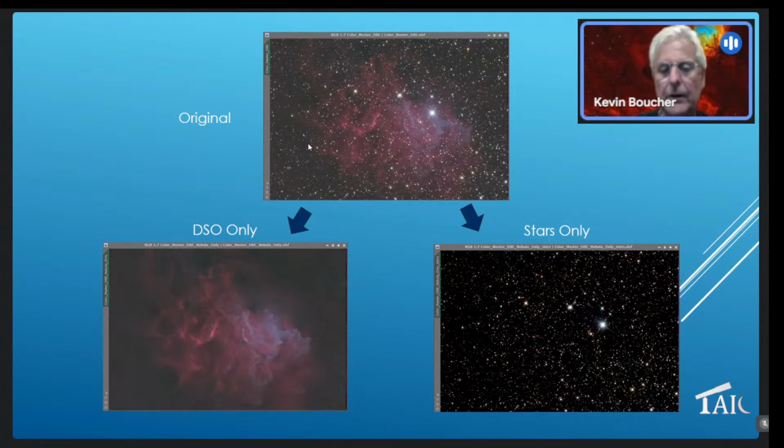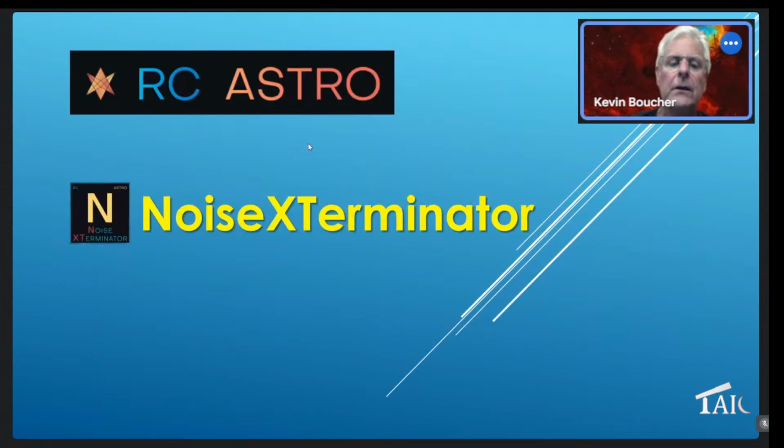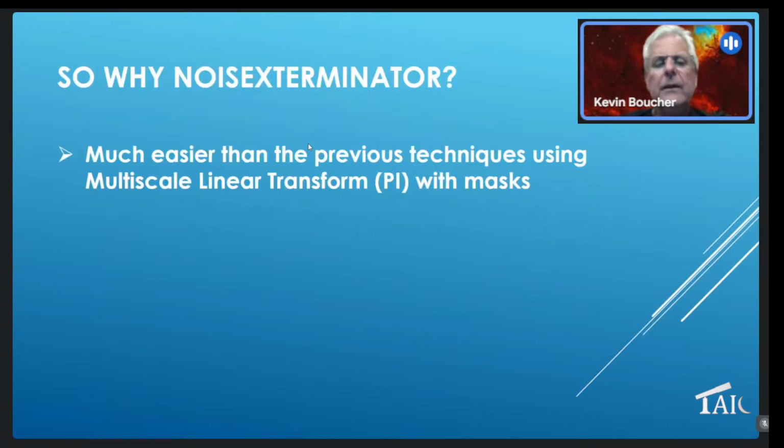Okay, so in terms of Noise Exterminator, I found it much easier than the previous techniques I used to use, primarily using multi-scale linear transformation in PixInsight, combined with some masks, so I could protect maybe some of the fine detail in my, let's say, nebula or galaxy or whatever, because it tended to blur some of that fine detail.